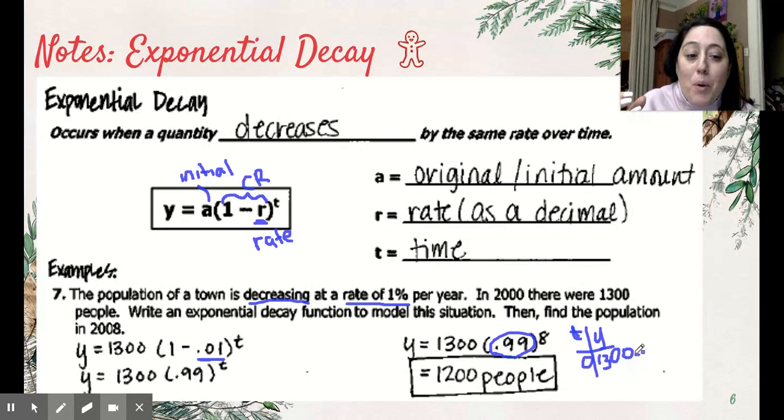So this 0.99 or 99% is the common ratio that you would be multiplying all of your terms by as you go down that table.